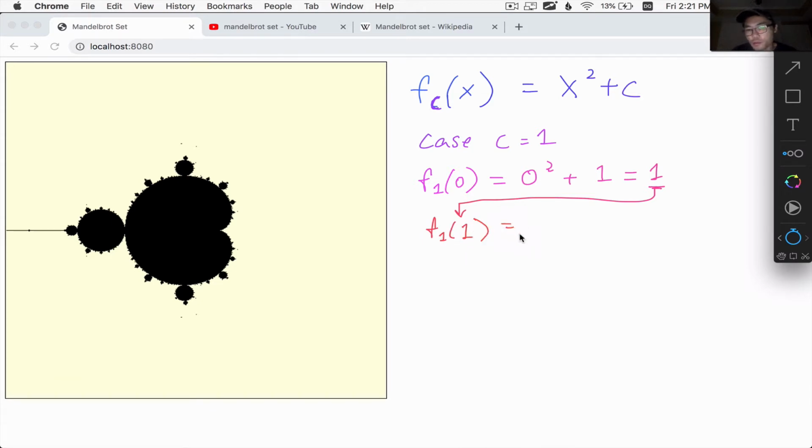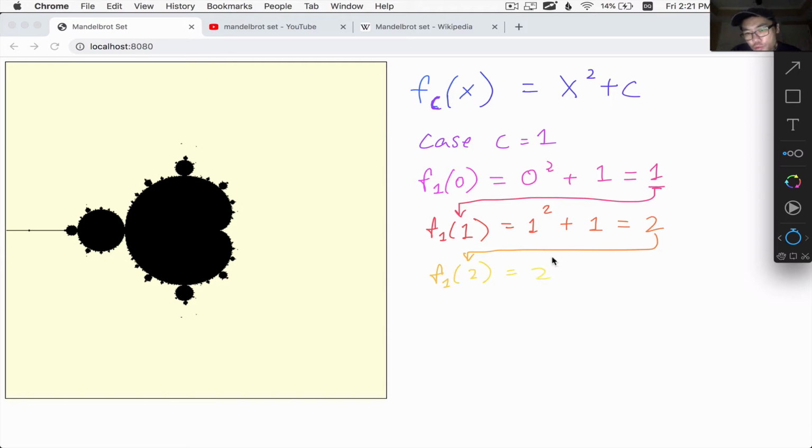And thus, this is called iteration. We keep taking the output, which is this 1, and sticking it back into the input and see what output we get next time, and then we keep doing that over and over again. So what is f_1 of 1? Well, f_1 of 1 is 1 squared plus 1, which ends up being 2, and then we take the 2 and stick it back in.